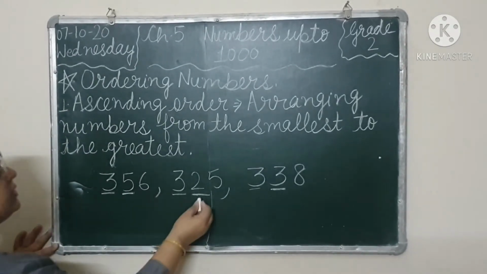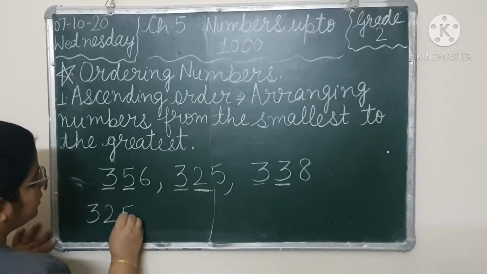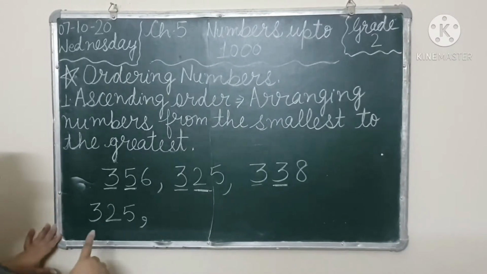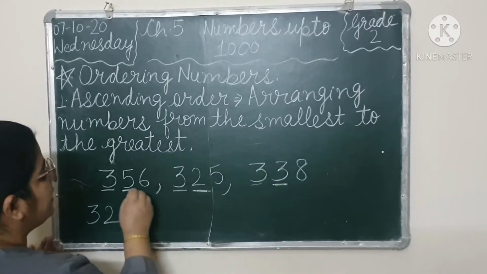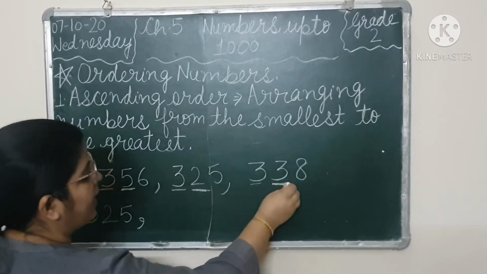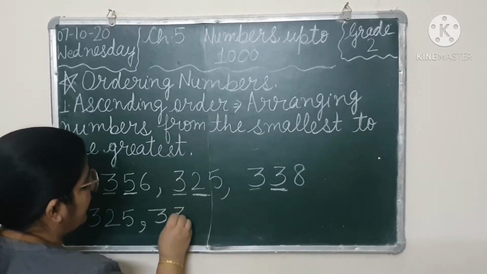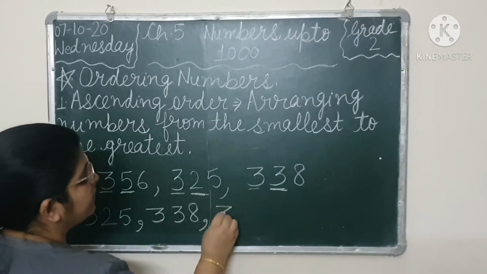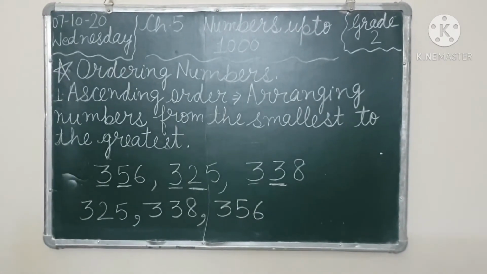Which is the smallest number? The smallest is 2, so we write here 325. 325 is the smallest number, and which number is bigger than 325? After 325, here is 5 and here is 3. So which is the bigger number? The bigger number is 338 and the greatest number is 356.